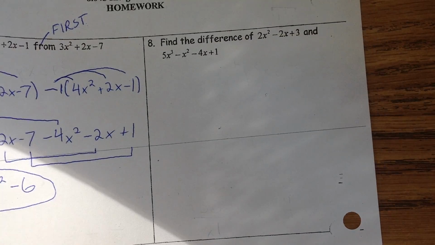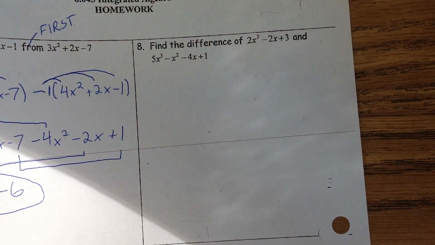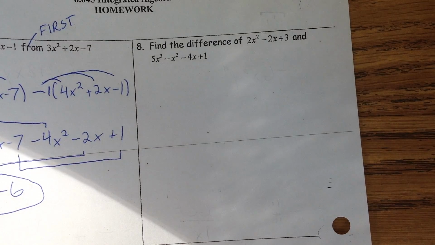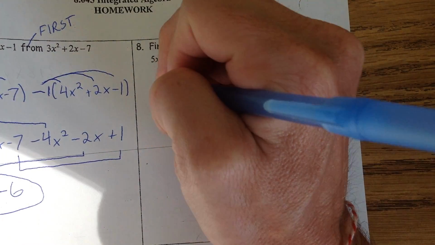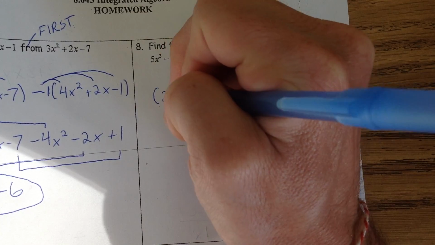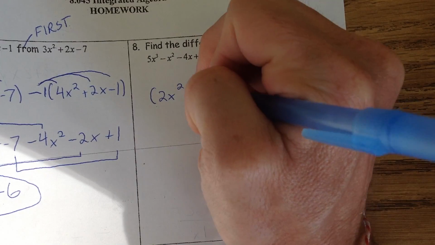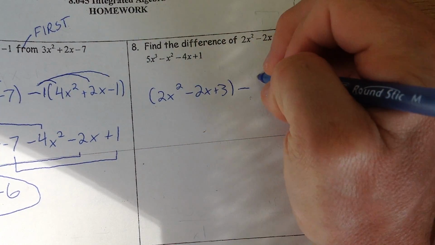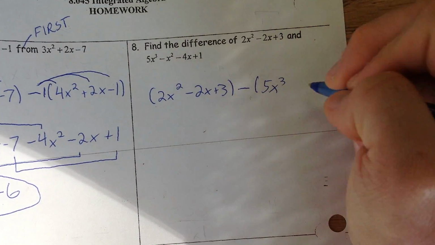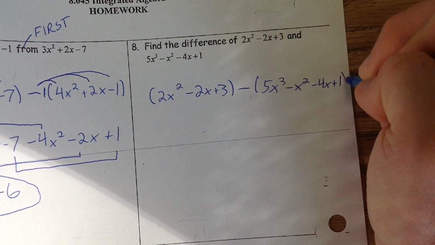All right, number 8 says find the difference of 2x squared minus 2x plus 3 and 5x cubed minus x squared minus 4x plus 1. All right, now difference is not a turnaround word, so we're just going to leave it in the order that they give us. We're still going to need those parentheses though. So 2x squared minus 2x plus 3 subtracted by 5x cubed minus x squared minus 4x plus 1.